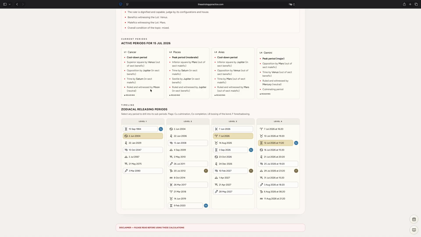There are some dots after this period, so between 1984 and 2004, in the level 1 column, we see a CU, which is a culmination period. You don't really need to worry too much about what those mean, but it is a pretty significant period.